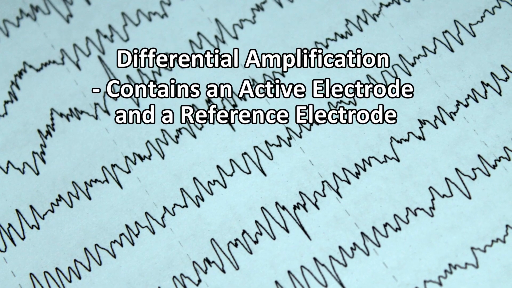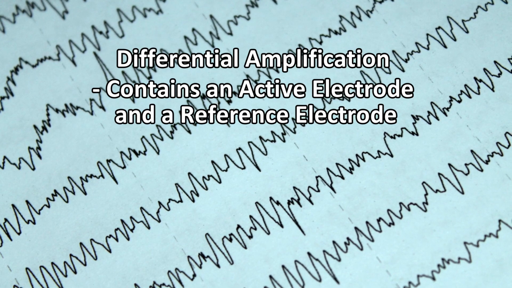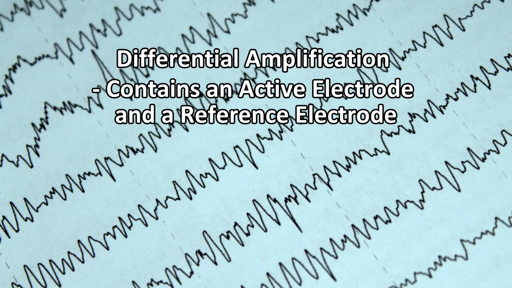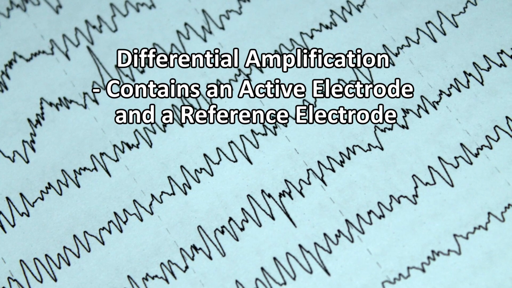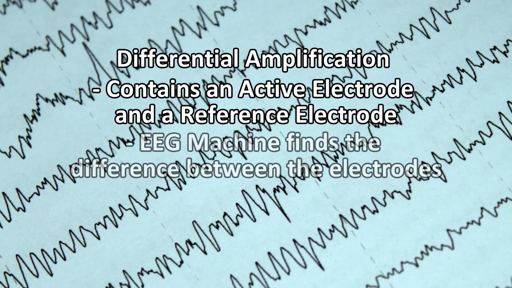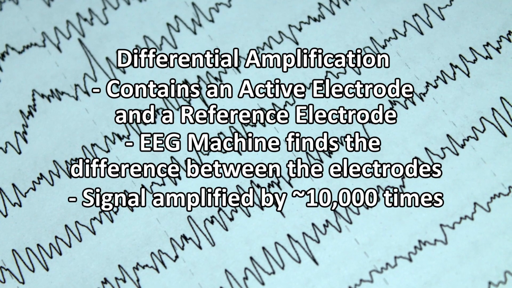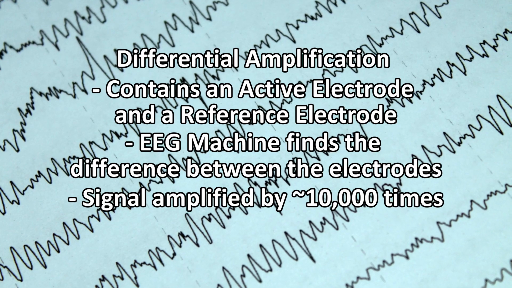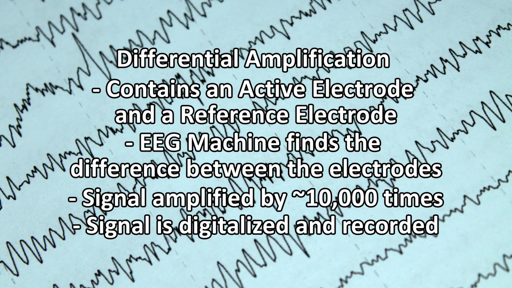The different electrodes are called an active electrode, which is the one actively exploring the brain's electrical activity, and the other is the reference electrode, which is relatively inactive and serves as the reference point for environmental noise. The EEG machine finds the difference between these electrodes and amplifies the signal about 10,000 times, a process called amplification. This signal is then digitalized and recorded onto the EEG machine screen.